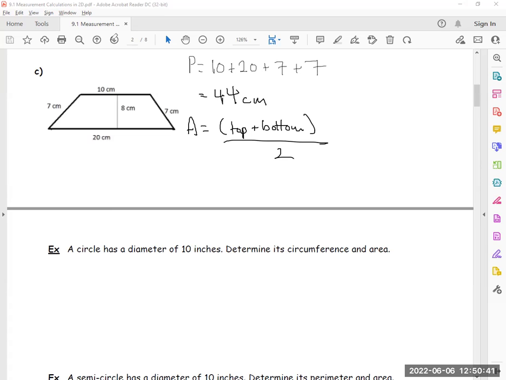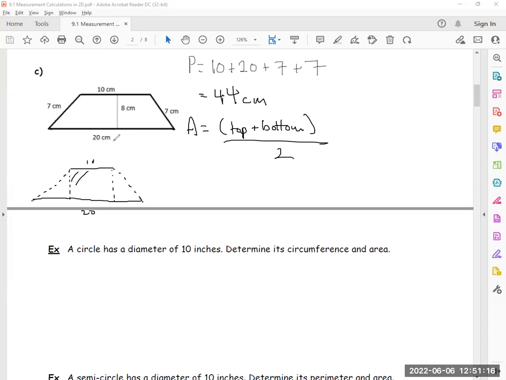Here is the logic behind it. If I have 10 here, let me do this quickly. If I have 10 here, and if I have double that, 20 here, I have a rectangle or a square with 10, or a rectangle and 2 triangles.